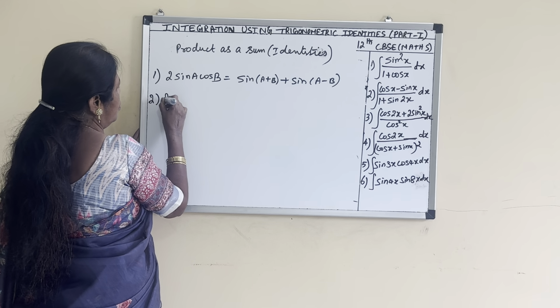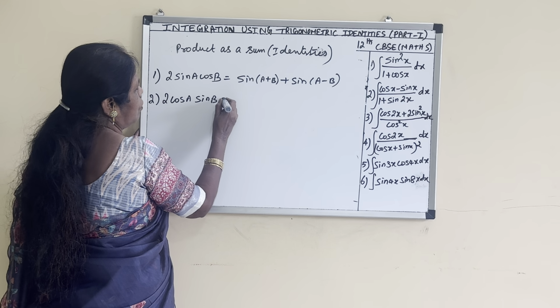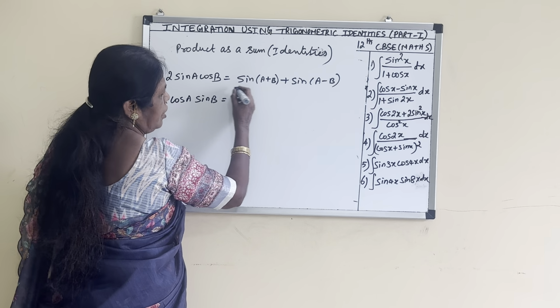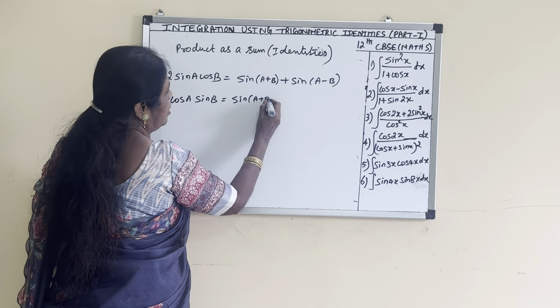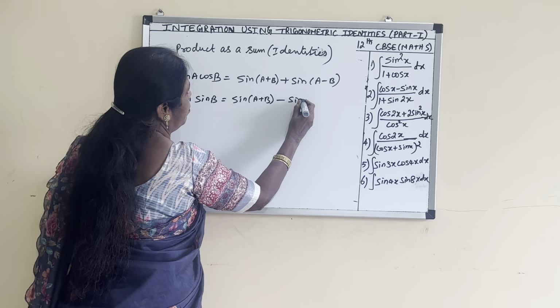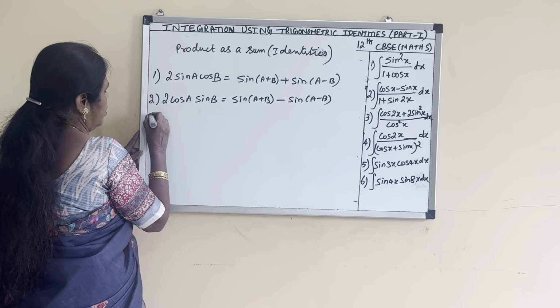Second one, 2 cos A sin B. It will be in terms of sin only: sin of A plus B minus sin of A minus B. So this is the next formula.